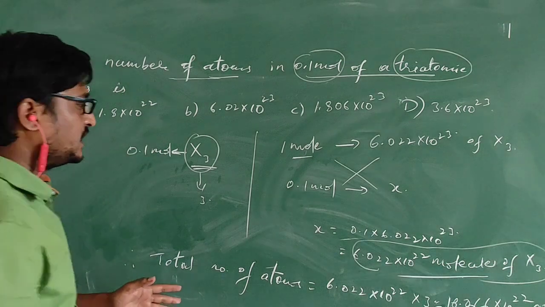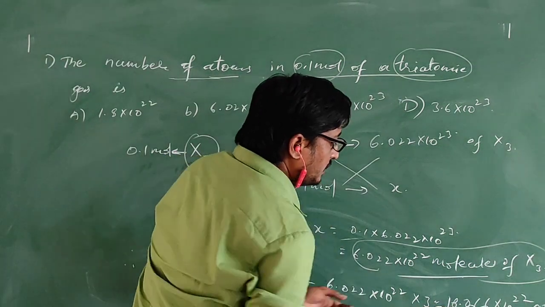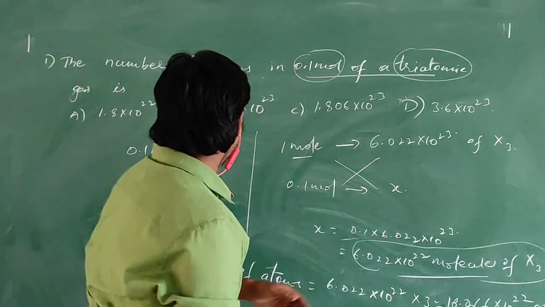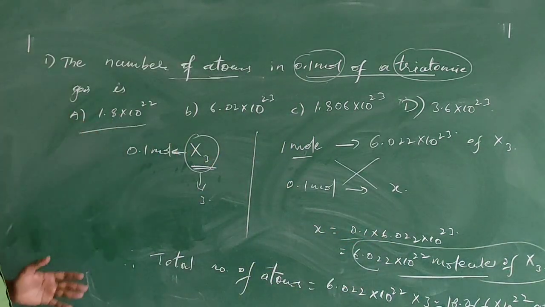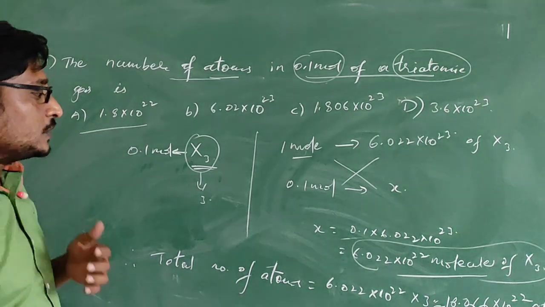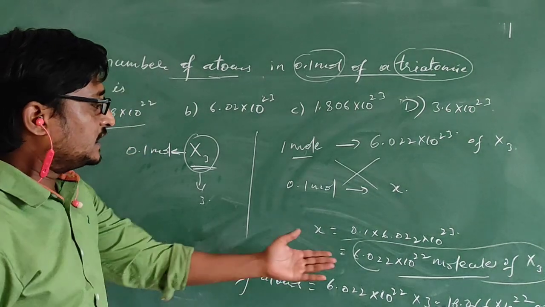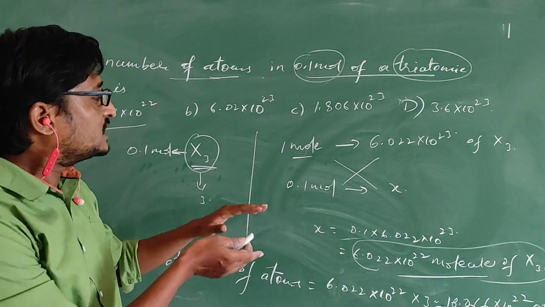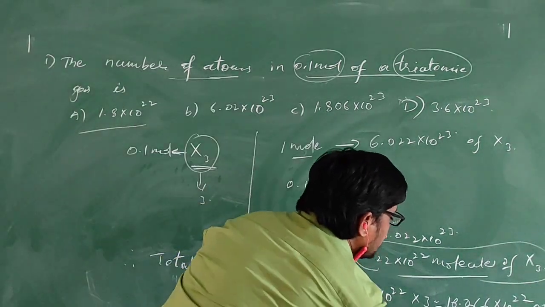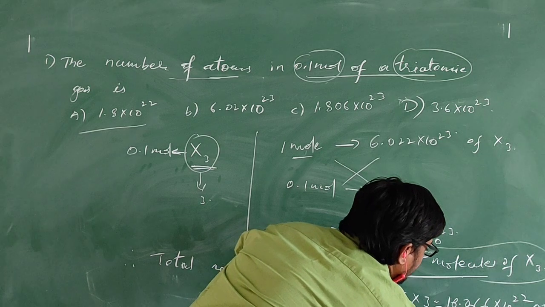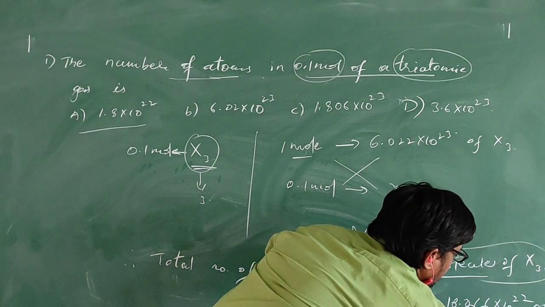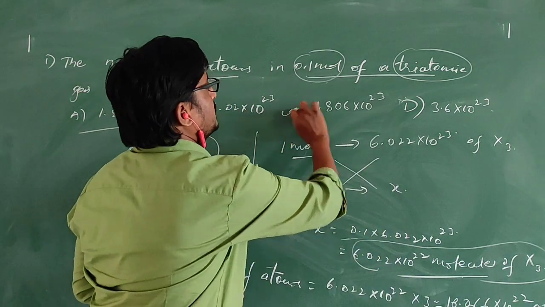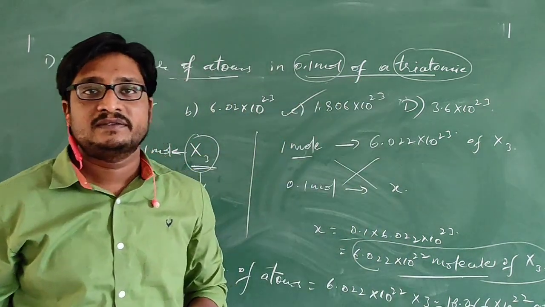Don't be in a hurry. That's what I am saying. When we got the answer as 18.066 into 10 to the power 22, when you are in a hurry, you might pick this one, which is 1.8. But the answer we got is not matching with the options. So we need to make some changes; this can be written as 1.8066 into 10 to the power 20. So here is the answer.